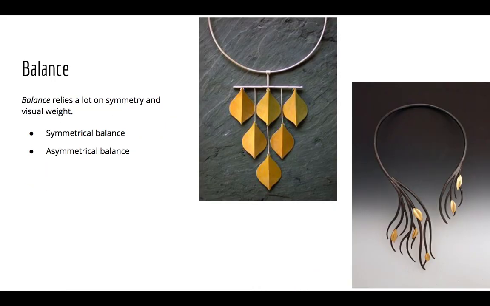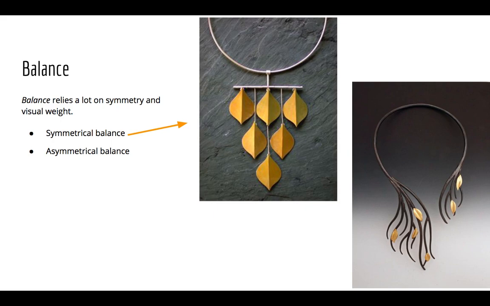All right, balance. So when we talk about balance, it really is mostly referring to symmetry. And when we look at these two pieces, which one's symmetrical, which one's asymmetrical? You got it. So this top one here is symmetrical, meaning it's the same on both sides.